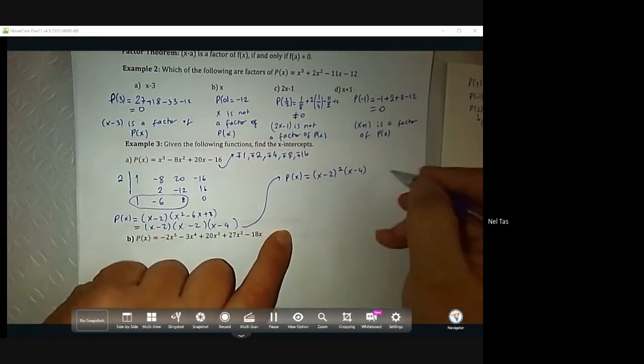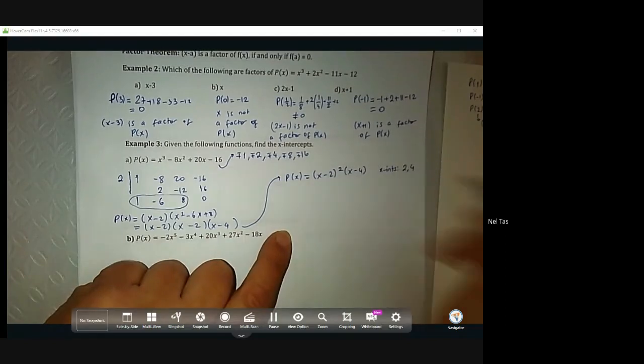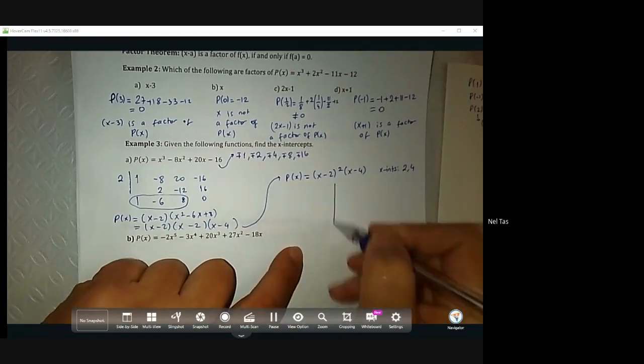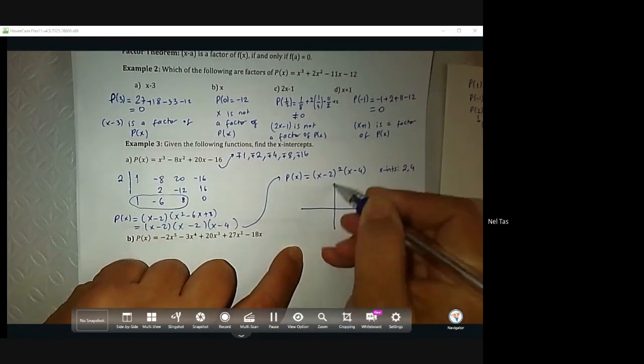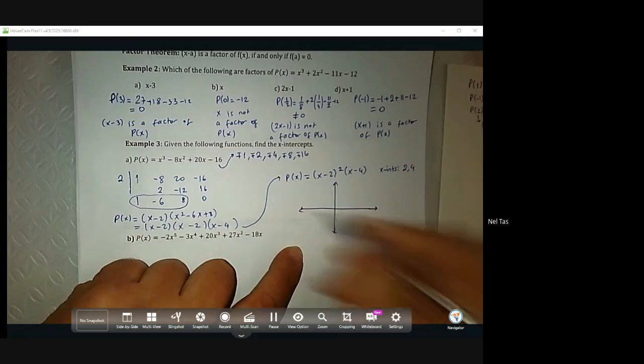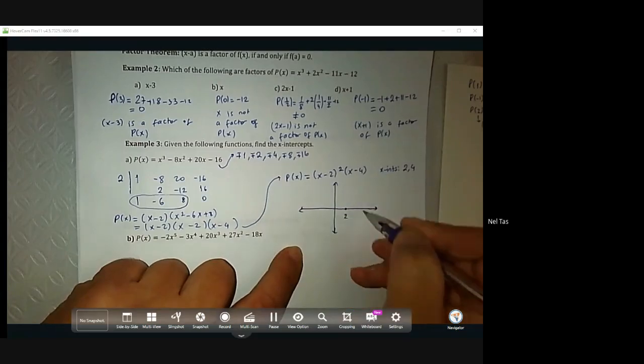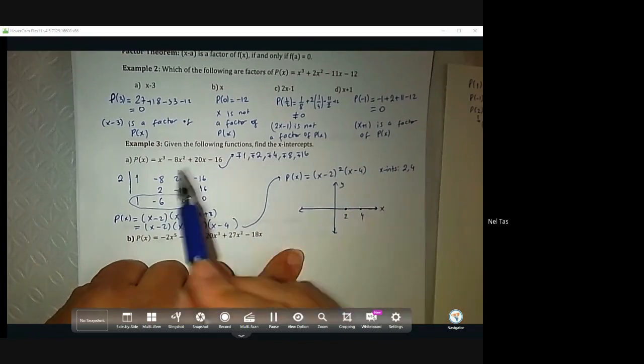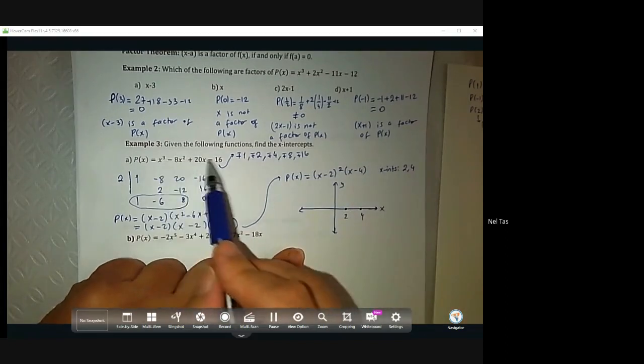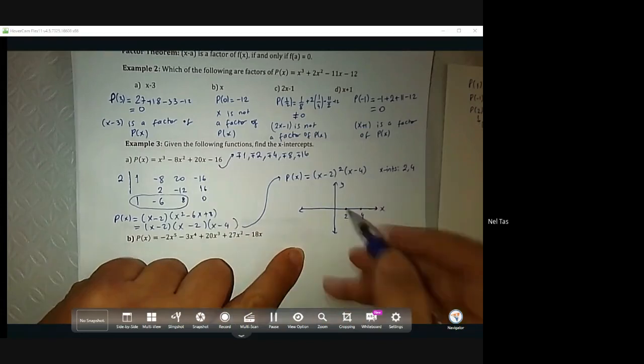The x-intercepts then are 2 and 4. It doesn't tell you to sketch it, but we can do a quick sketch here. We can find also the y-intercept. Okay, so as you see, the y-intercept is negative 16.